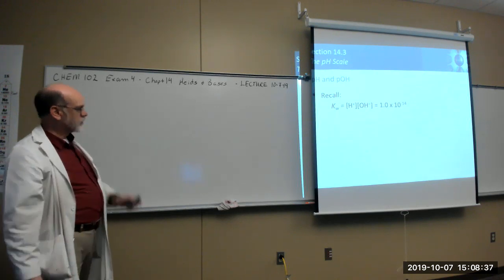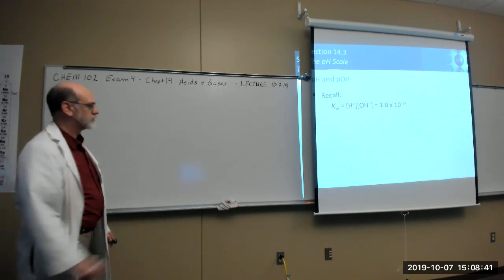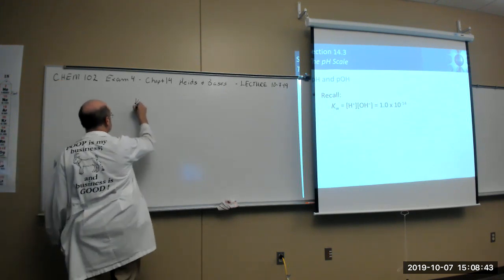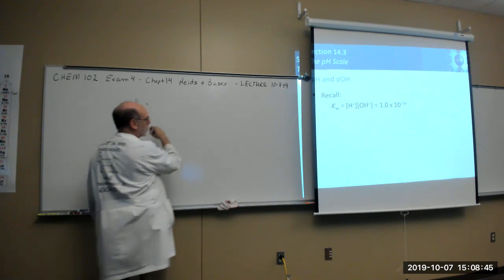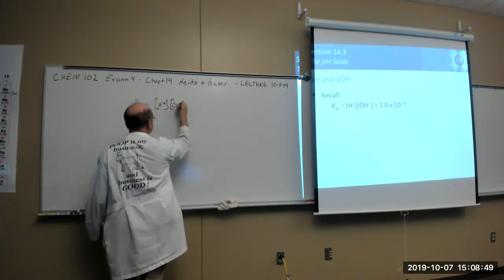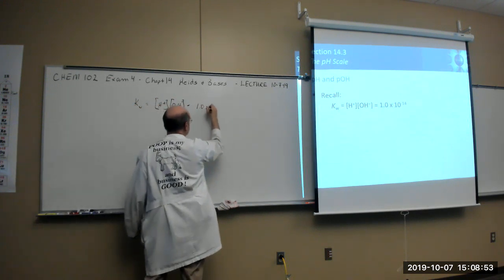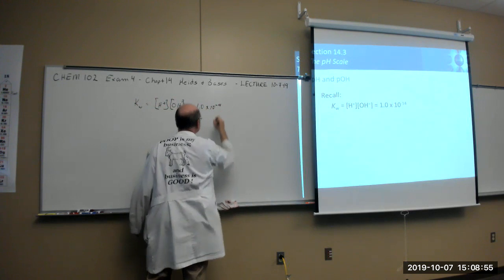So what if we took the negative log of that entire expression? Kw equals this one times this one equals 1 times 10 to the minus 14.